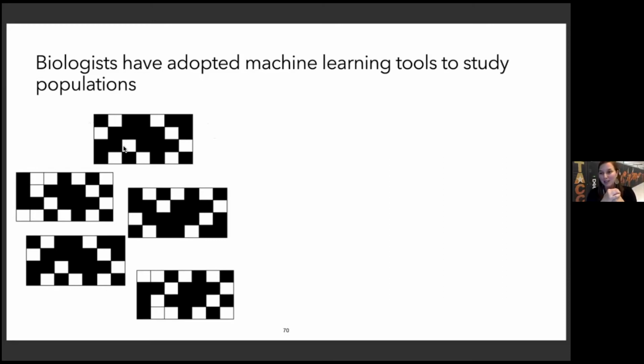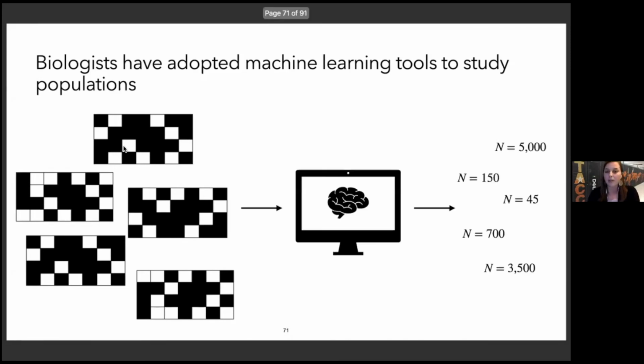But you can imagine that computers are really good at picking up different patterns and using different math to find things that we'll never find. And so we can take these alignments and train a computer to learn about biology. Then out of that computer with our machine learning tool, we can get the information that we want from that population. In this case, it might be the population size that the sample came from.